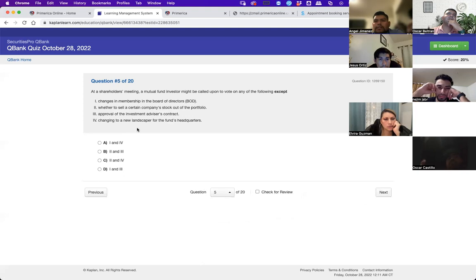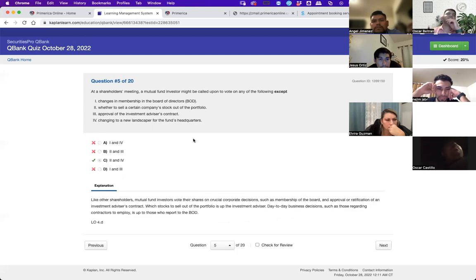At a shareholders meeting, a mutual fund investor might be called upon to vote on any of the following except: changes in membership of the board of directors, whether to sell a certain company's stock. C. Which one is it? C. There it is. Changing the investment objective of the fund, like, bro, come on. I didn't even read it.